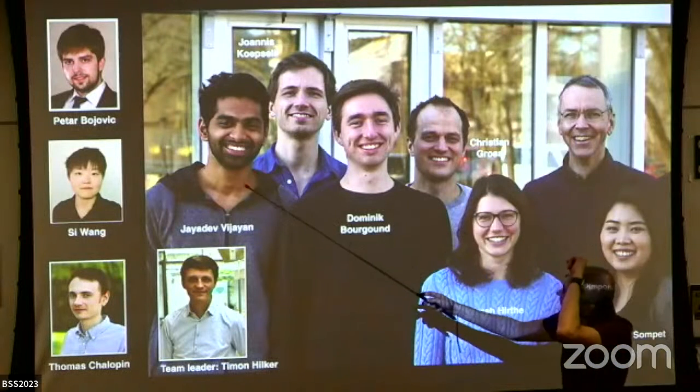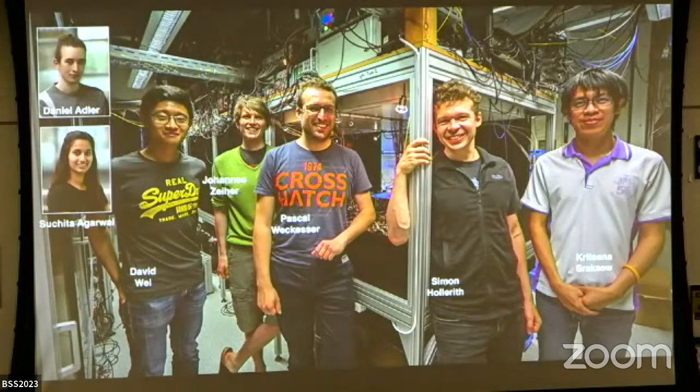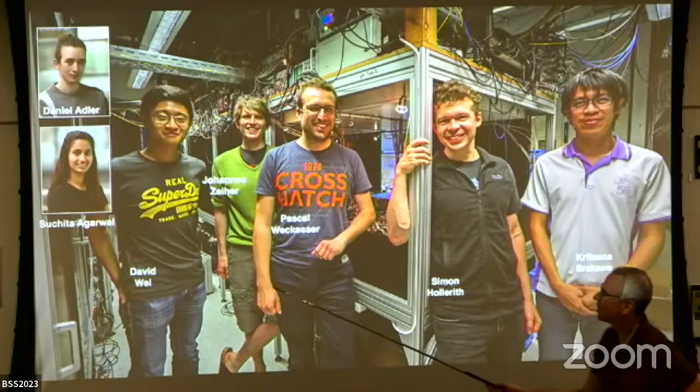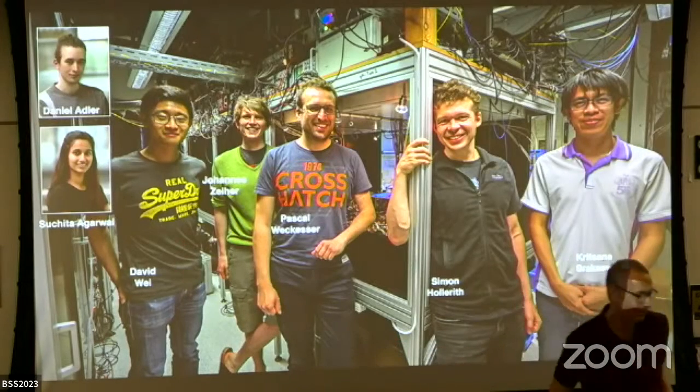That was the PhD of Jaya Vijayan, and the new low temperatures achieved in the lab by the postdoc team from Thomas. And here's the rubidium team. You know Suchita, she's here with you. She's our new graduate student on the experiment, and the KPZ experiment has been done by David Wei.